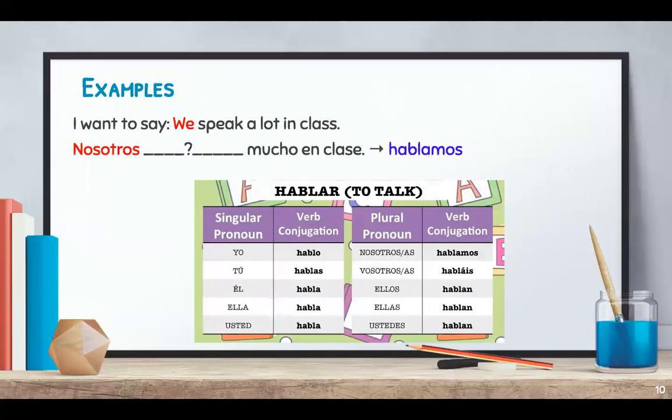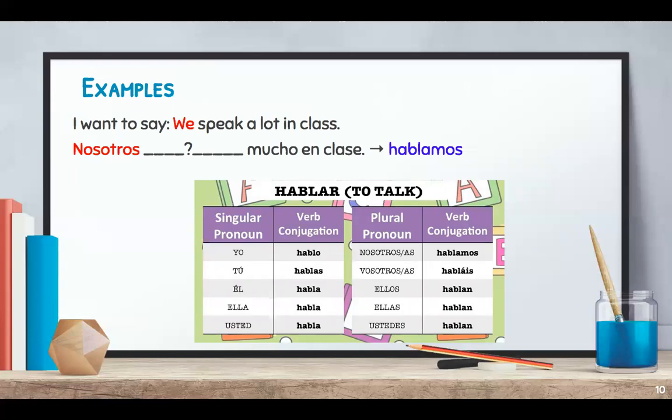Let's see some examples now. For example, I want to say, we speak a lot in class. I know that we corresponds to the subject pronoun nosotros. I have the rest of the sentence in mind, mucho en clase. How do I conjugate the verb?